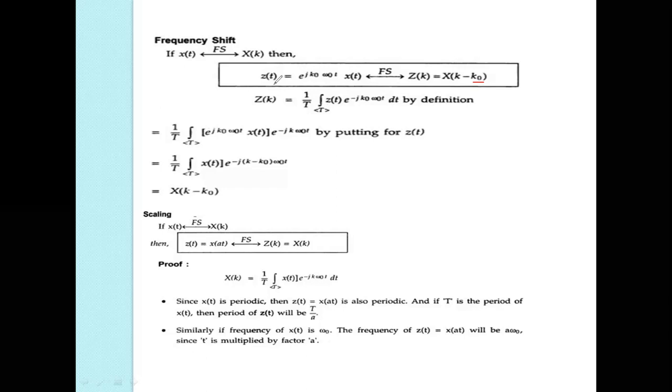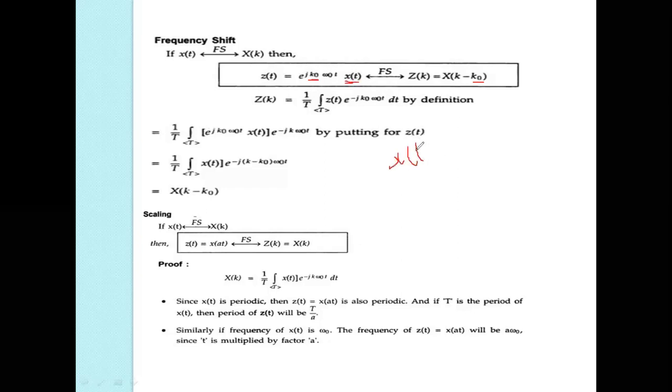Got it, my students? When the frequency is shifted by k naught samples, the positive exponential with k naught is multiplied with the time signal.